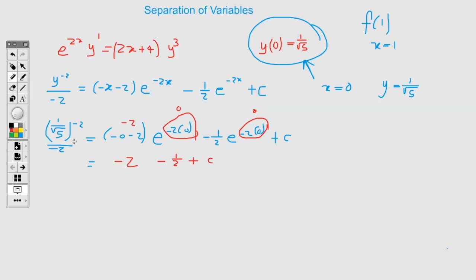Over this side can be calculated on your calculator, or we can do it as such. Now 1 over root 5 to the negative 2. That's what we're doing. We know that we could rewrite this as 1 over, once I'm going to write a fraction, I change the sign. So it is 1 over root 5 all square.